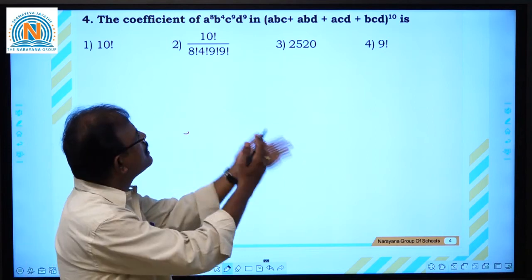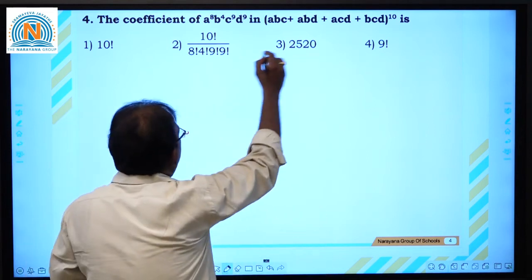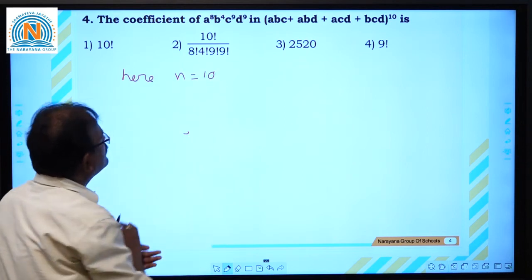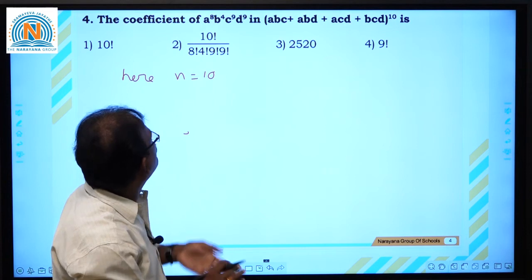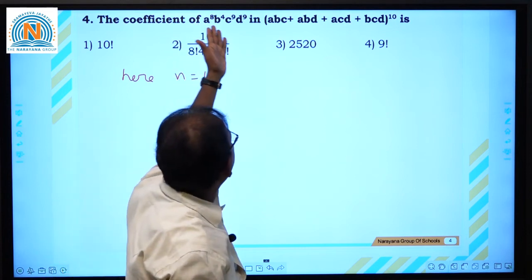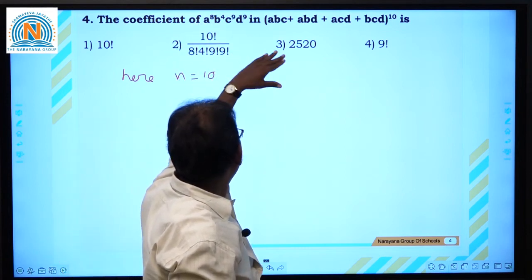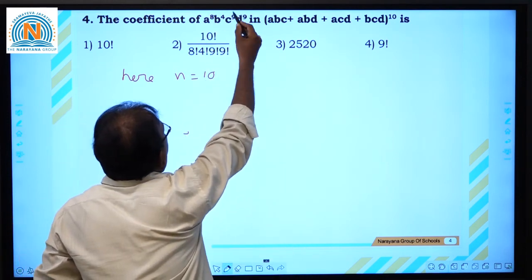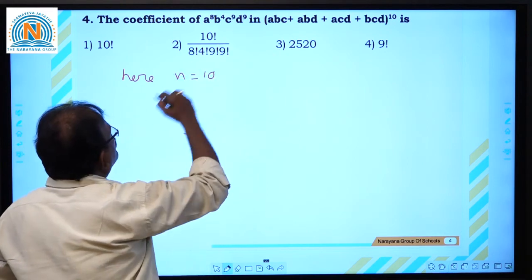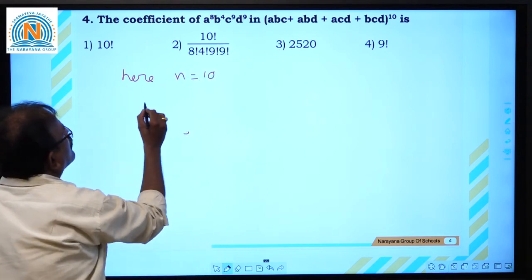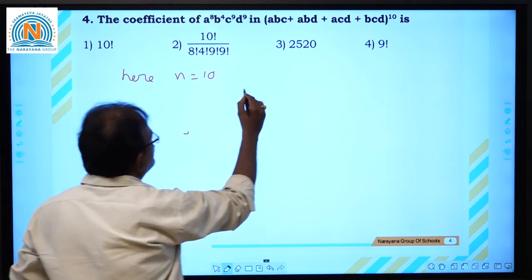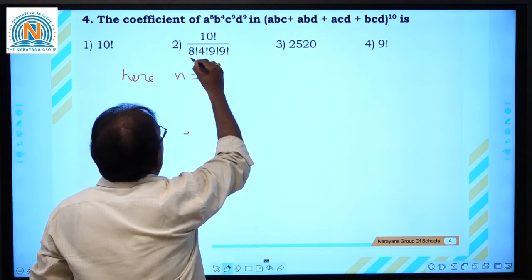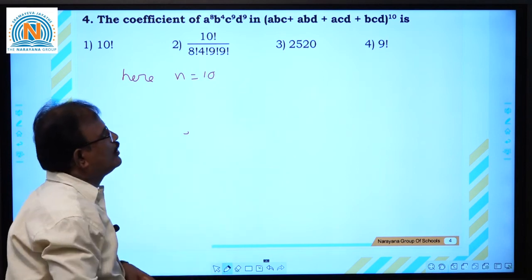So as it is the multinomial theorem, here n is equal to 10, and one more thing, as the powers are a power 8, b power 4, c power 9, d power 9, the coefficient is split like in the multinomial theorem.